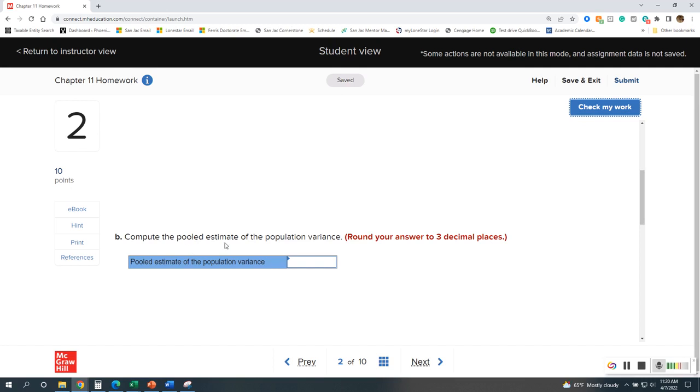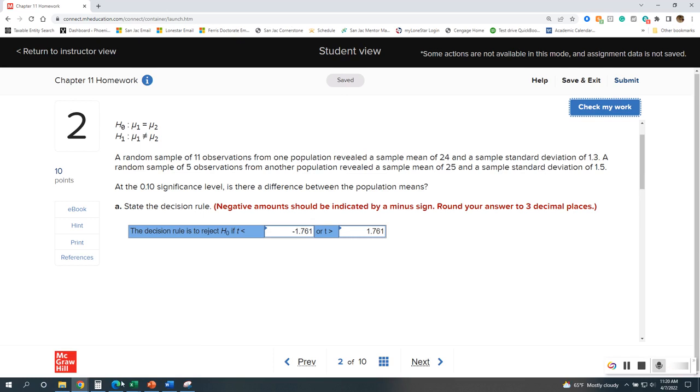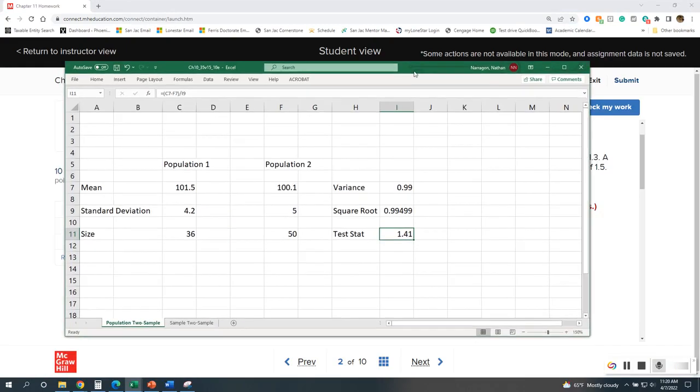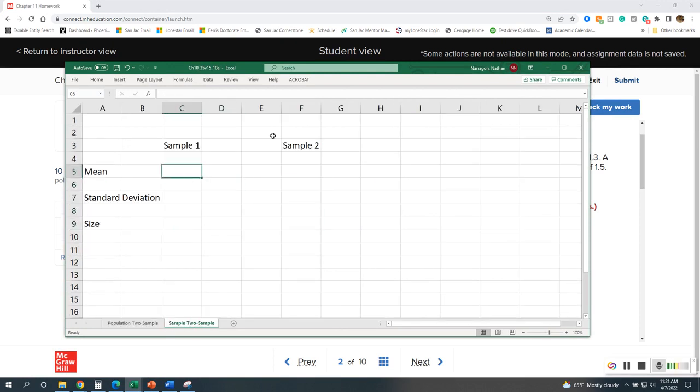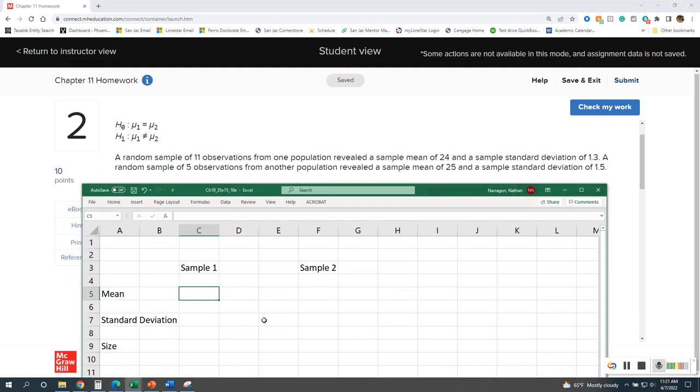Alright. Now we're going to compute the pooled estimate of population variance. So again, I'm going to do this in Excel. Now I do have two tests right here. This is why I can keep everything in one Excel. So I have 11 and a sample mean of 24 with a standard deviation of 1.3.